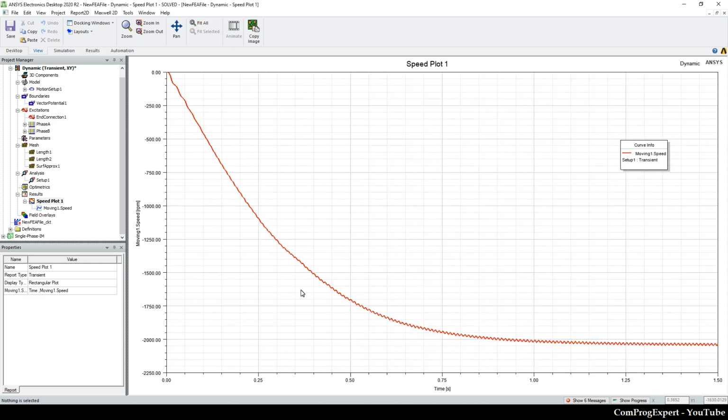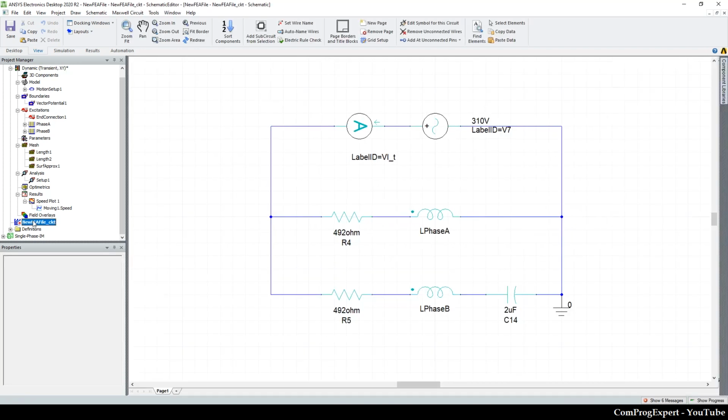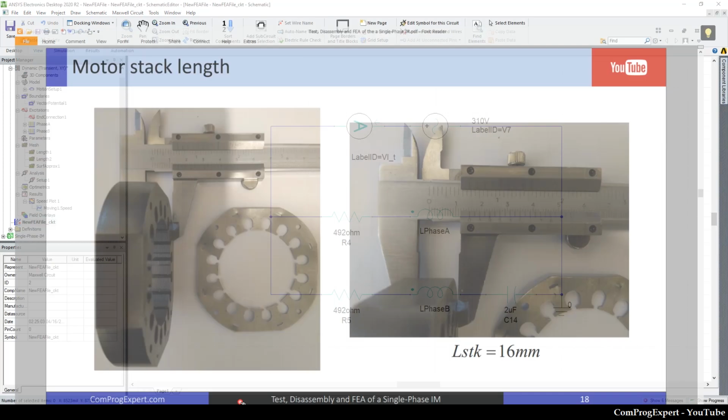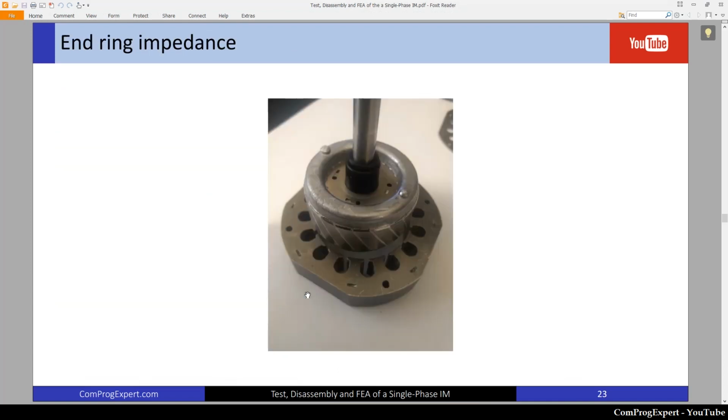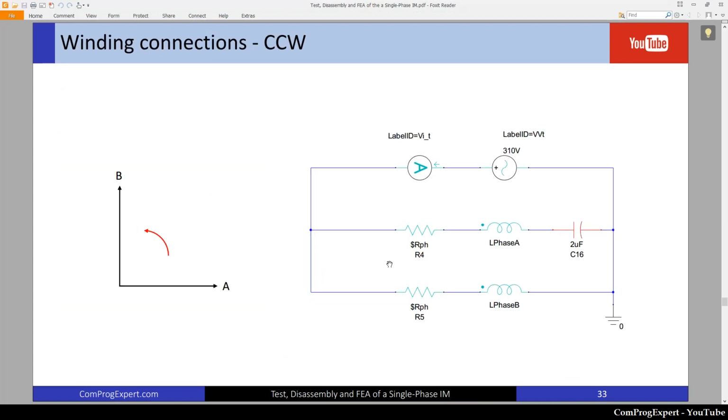So why did we get a negative speed here? Because of this circuit connection that I explained before. Actually, if we place the capacitance here, we can get a counterclockwise rotation, and if we place it here, we get a clockwise rotation.